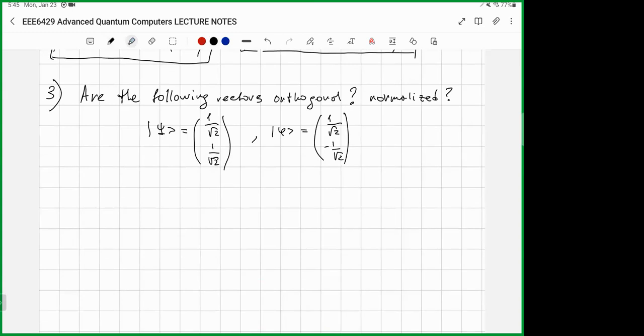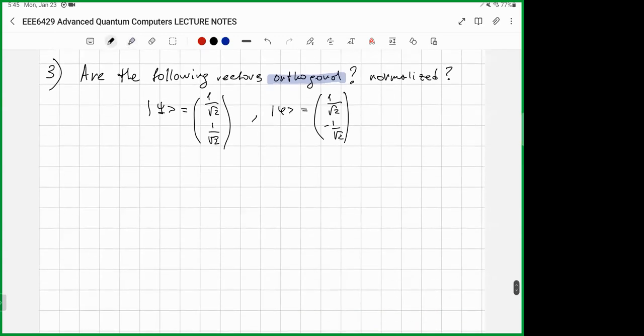So orthogonal, what does it mean? Orthogonal means that their inner product is 0. Basically, this is the same terminology as we used when a vector A is orthogonal to a vector B. That means the scalar product of vector A times vector B is 0.